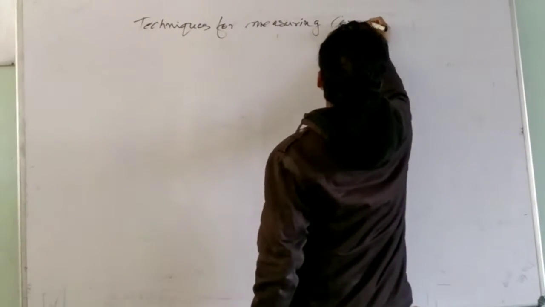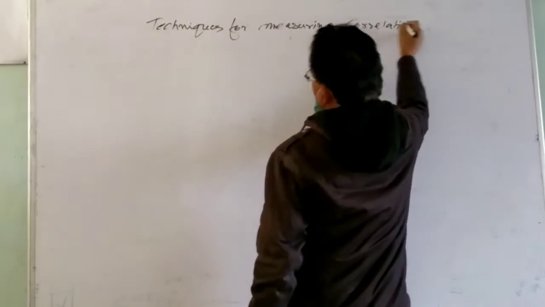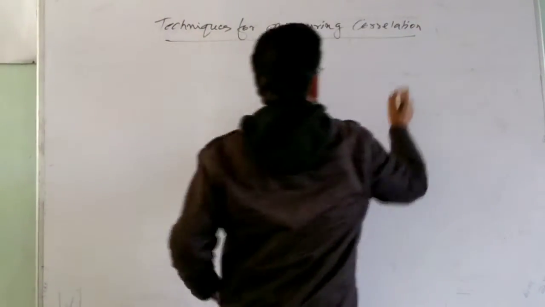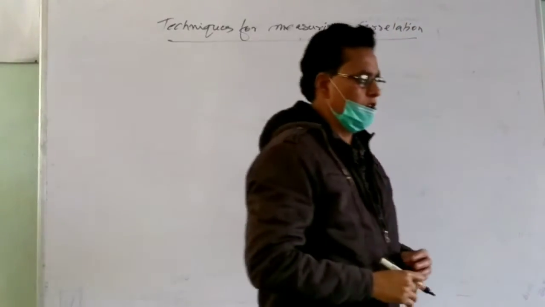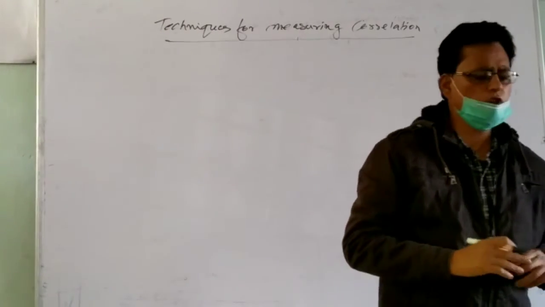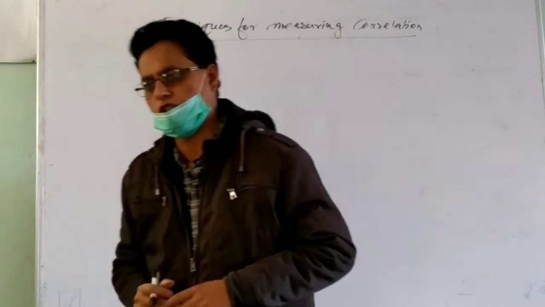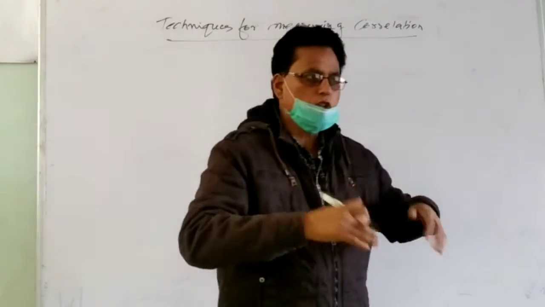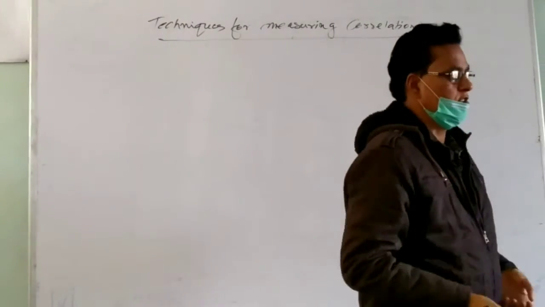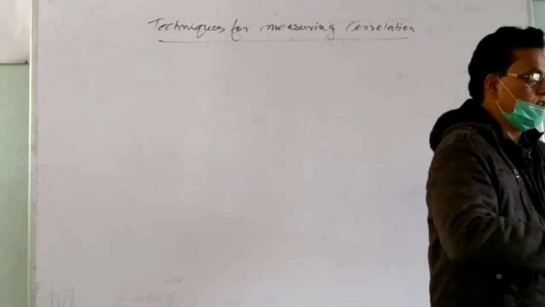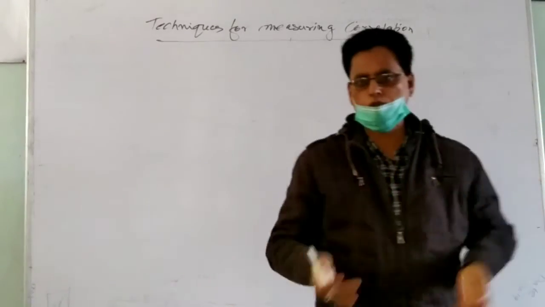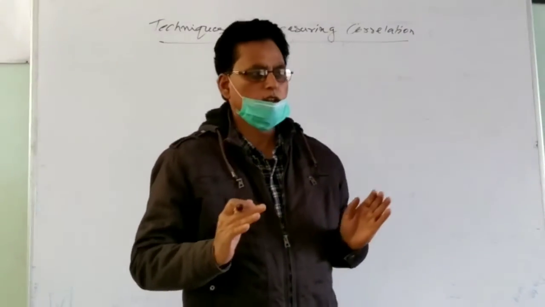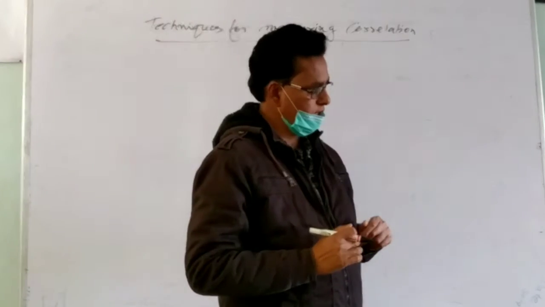There are different techniques which are used in order to measure the correlation. Do you know what are the techniques? In order to determine the correlation, in order to establish the relationship between the two variables, there are generally three methods used. How many methods?